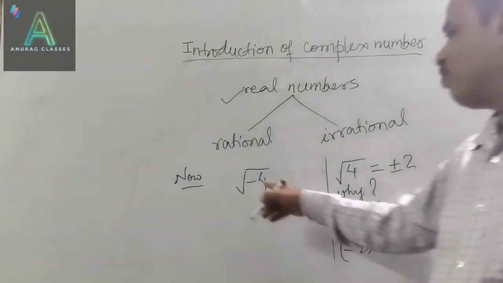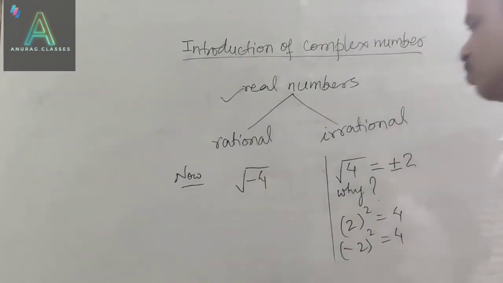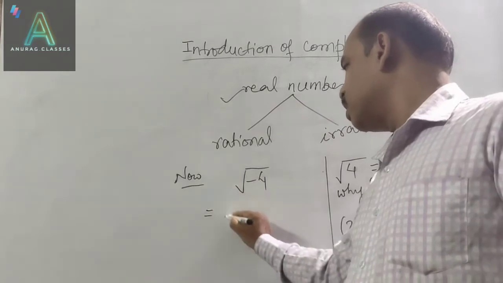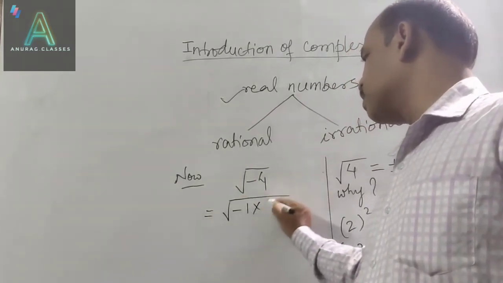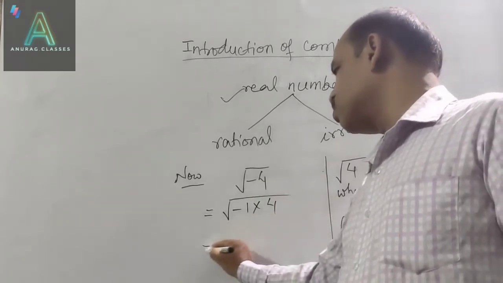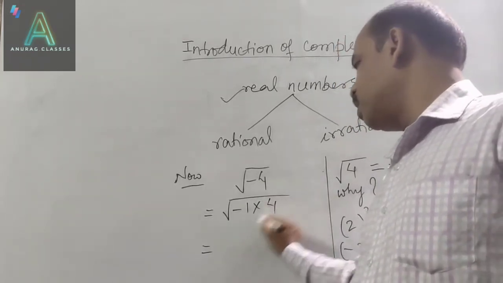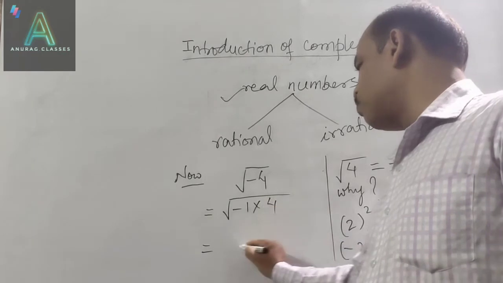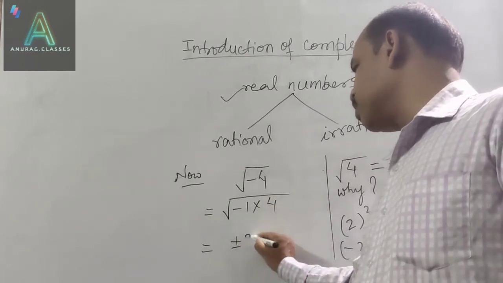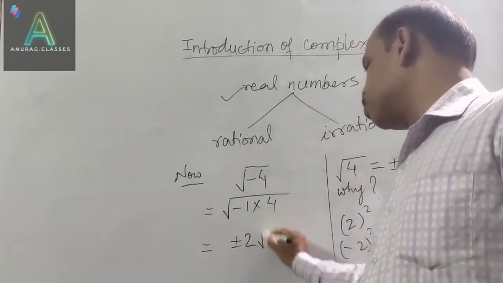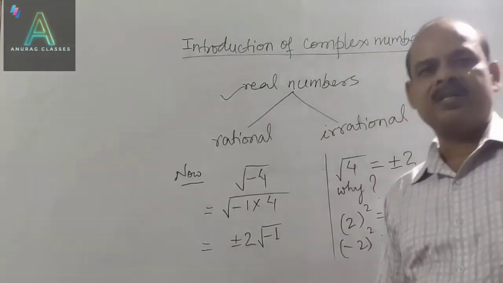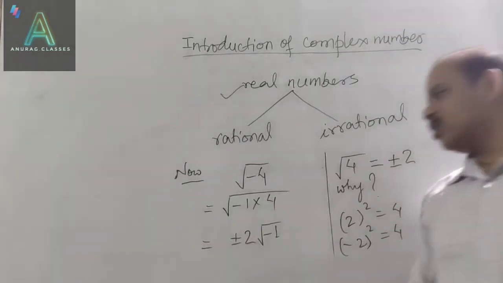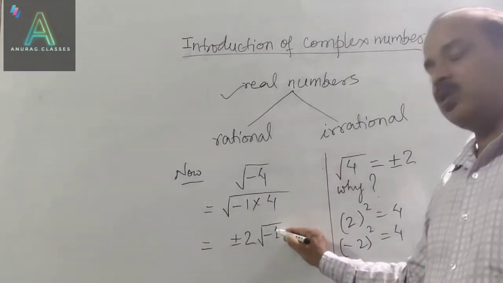So how can we find the square root of minus 4? Let us try to find it. Minus 4 can be written as minus 1 into 4. Again, it will be the square root of 4, which is plus minus 2. But what about the square root of minus 1? Students, can we find any number whose square is minus 1?